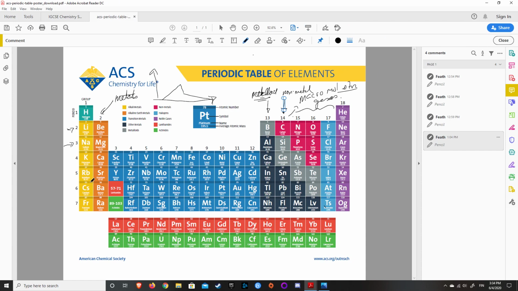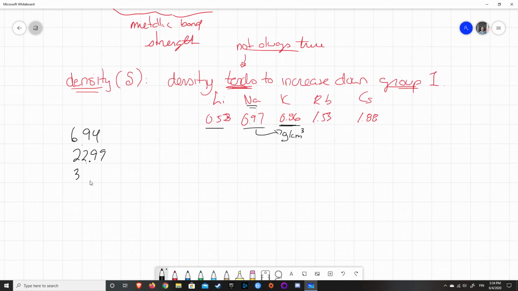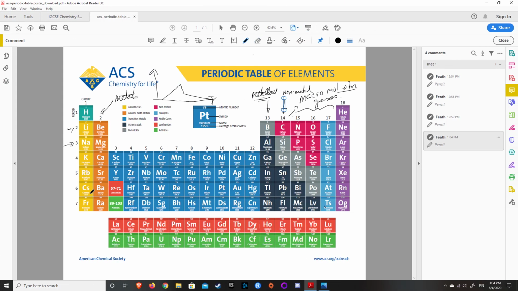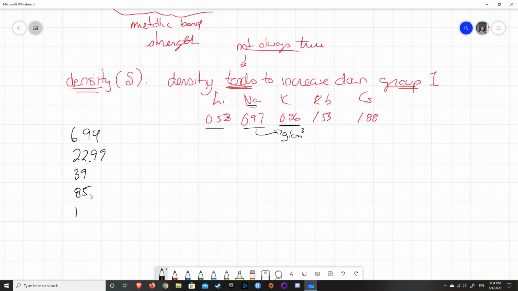Potassium is 39, and then 85, and 132. I'm just going to use the first two numbers so we can work through this. So our rules still apply here, but we have to know that it depends on several factors.